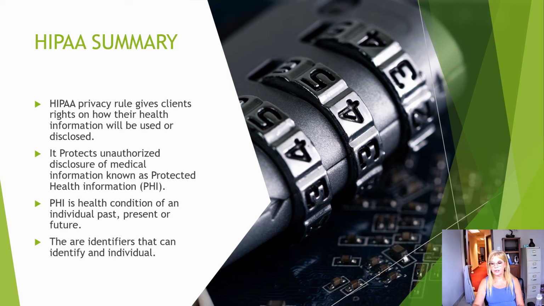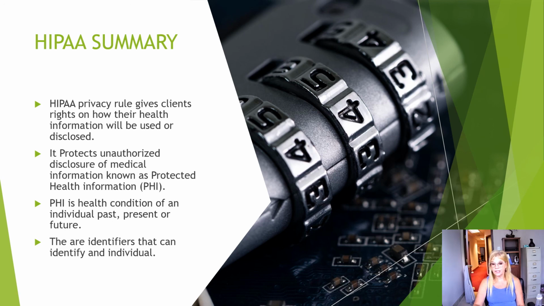In summary, the HIPAA privacy rule gives clients rights on how their health information will be used or disclosed. It protects against unauthorized disclosure of medical information known as Protected Health Information, or PHI. PHI is the health condition, mental or physical health, of a person in the past, present, or future.